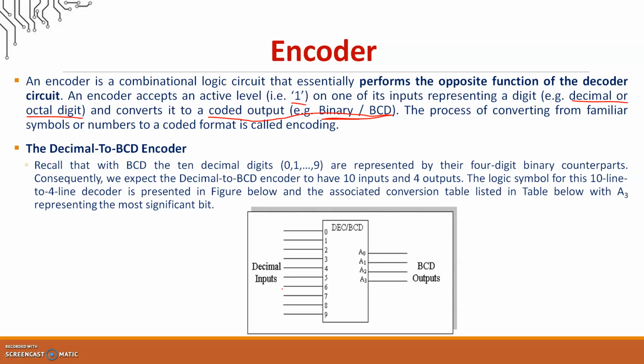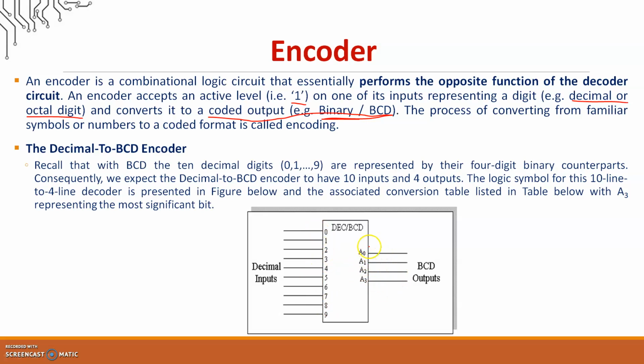For example, 2 to the power 2 gives 4 outputs, 2 to the power 3 gives 8 outputs, and 2 to the power 4 gives 16 outputs. I have 0 to 9, so it comes under 2 to the power 4. That's why the decimal inputs are 0 to 9.